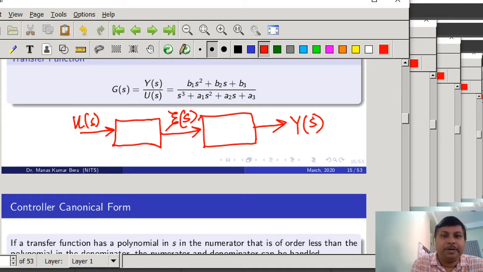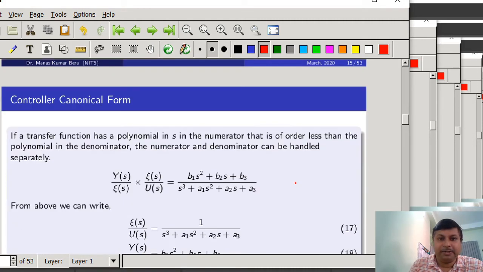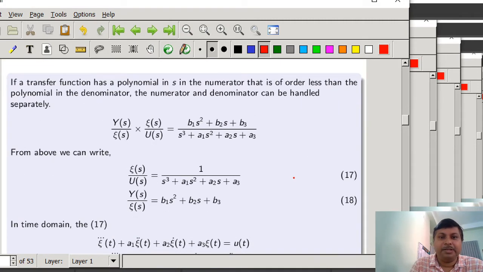Our intention is to write this expression as Y(s)/zeta(s) times zeta(s)/U(s), and that is exactly what we have done in this slide.